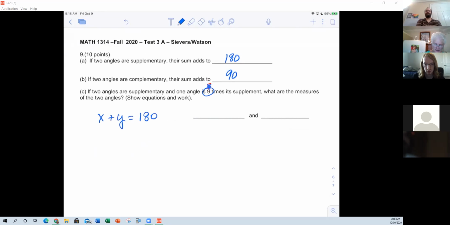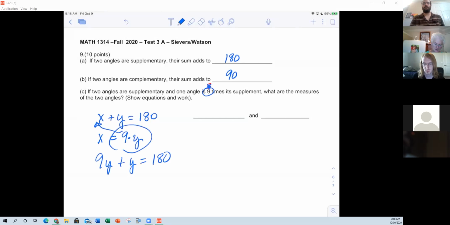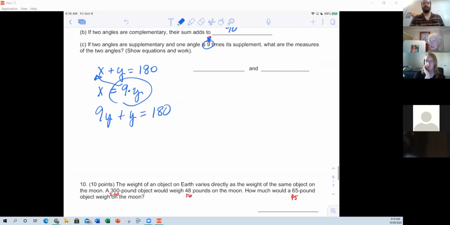So x equals 9 times its supplement, which is y. So that would be the second equation, x equals 9y. So then you would have 9y plus y equals 180 if you substitute in. And so that's going to give us 10y equals 180. So y would equal 18 degrees.